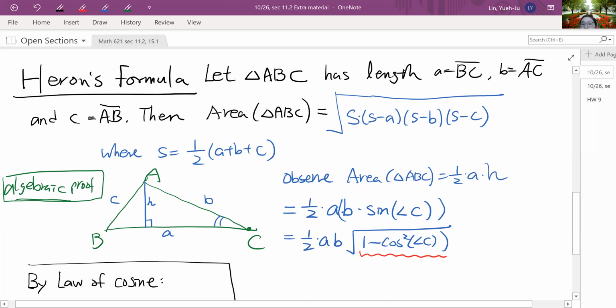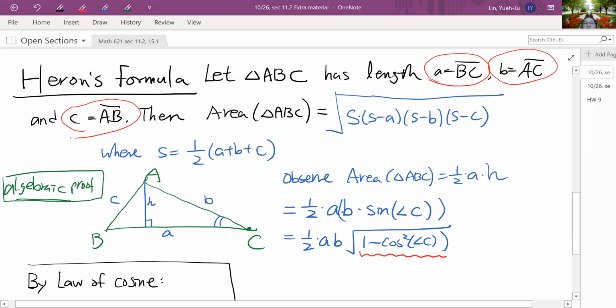So what's the significance of Heron's formula, right? We all know how to calculate the area of a triangle if we know the base and height. But the problem is, what if we don't know the height? Then of course you cannot directly find the area of the triangle. But rather, if you know the 3 sides of the triangle, then you can still find the area.